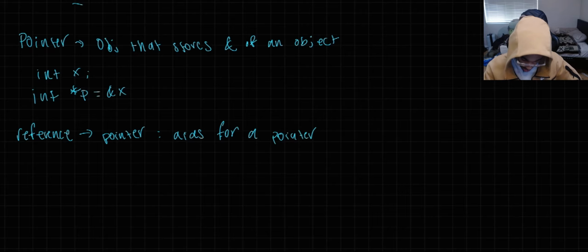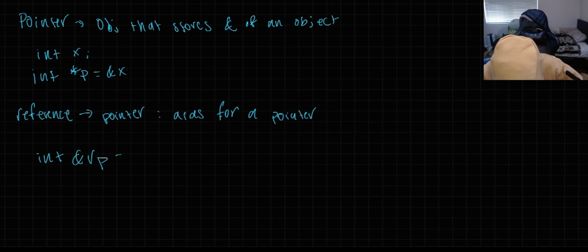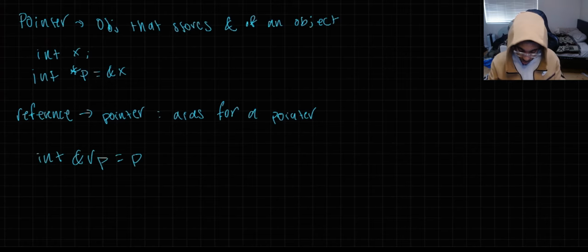Now let's use this pointer p example. A reference to a pointer of an int would be an int pointer, and we can just call this reference to pointer, denoted by the ampersand, equals p. And there we go, we have a reference to a pointer.